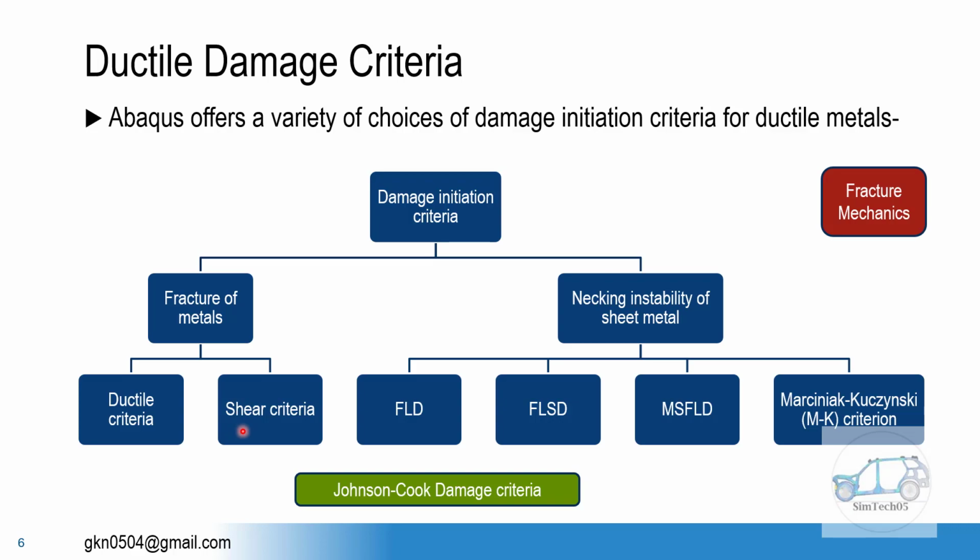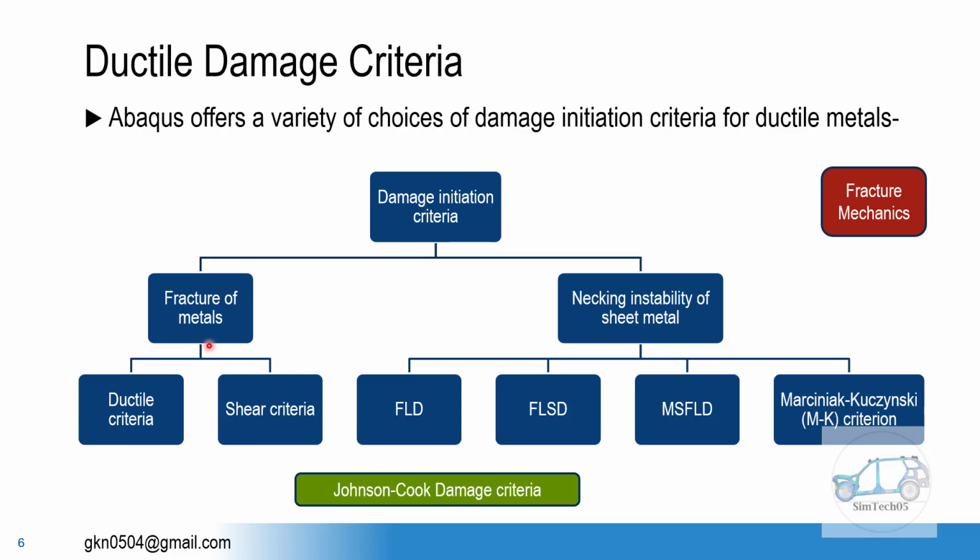Okay, one more thing, fracture mechanics. That is a completely different thing from damage modeling. Fracture and damage are ultimately a similar kind of thing, but from the FEA point of view, their theory and implementation are completely different. So we are not going to talk about fracture mechanics here; we are going to talk about the ductile damage criteria especially, or we can say damage criteria.